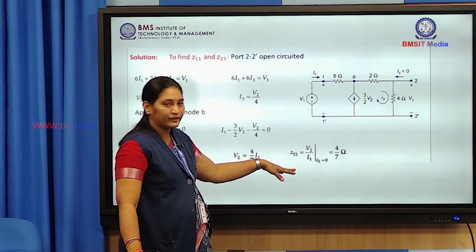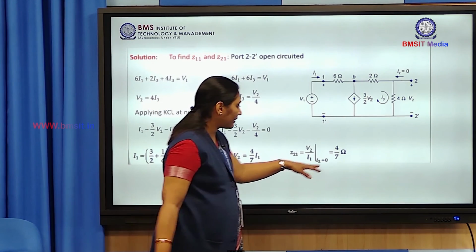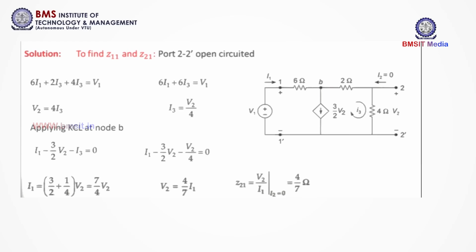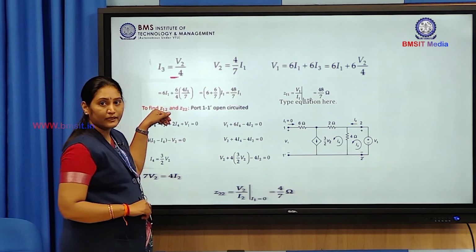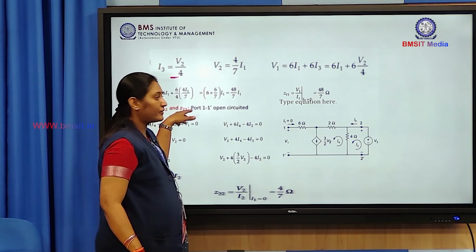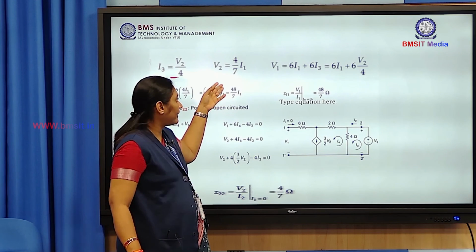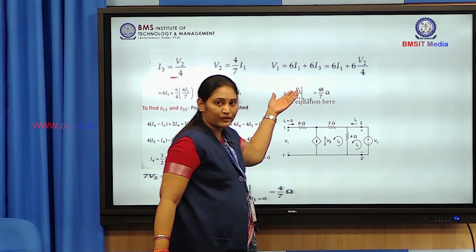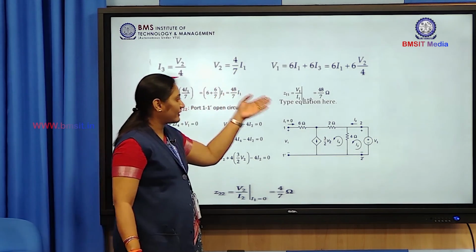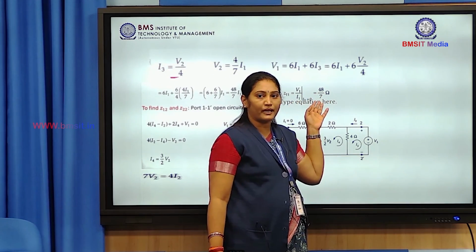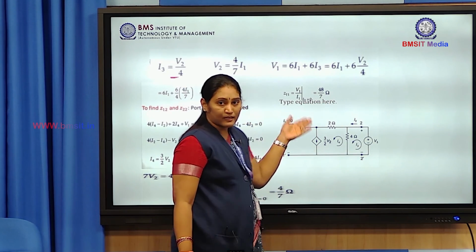After substituting, Z21 equals 4 by 7 ohms. Again I3 is V2 by 4, and V1 we have evaluated earlier. By substituting, we obtain Z11 as V1 by I1 with I2 equal to 0, which is 48 by 7 ohms.